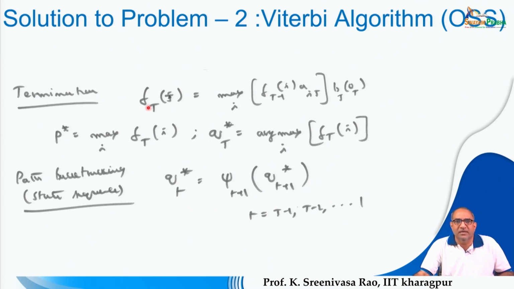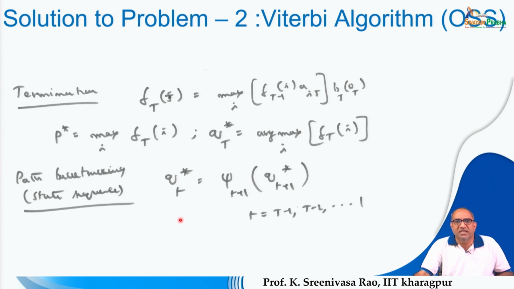So, by using this delta t of j, for every time you compute, we need to track the preceding state, the maximum probable state for reaching this particular state at this time instant. That way this psi of t of i captures, for the preceding time instant, the maximum probable state to reach this particular state.